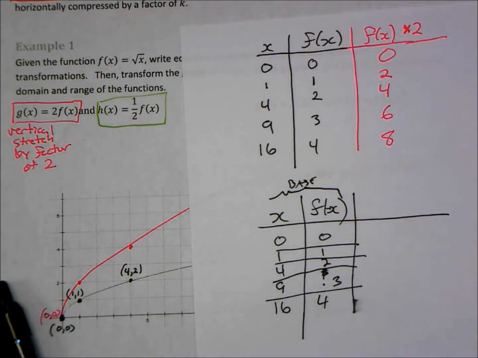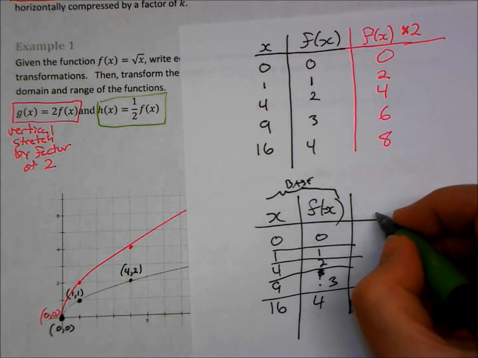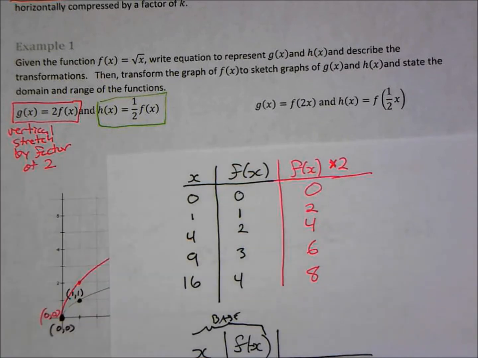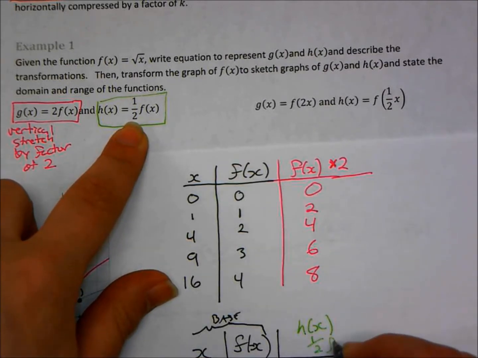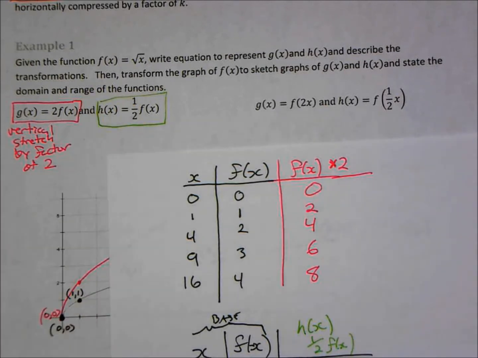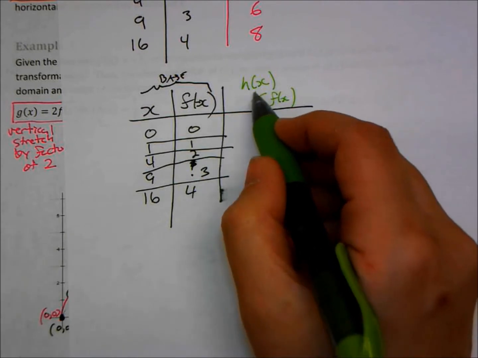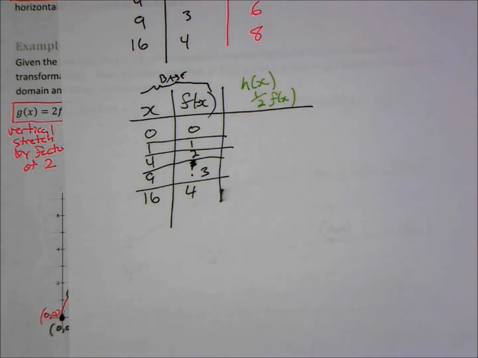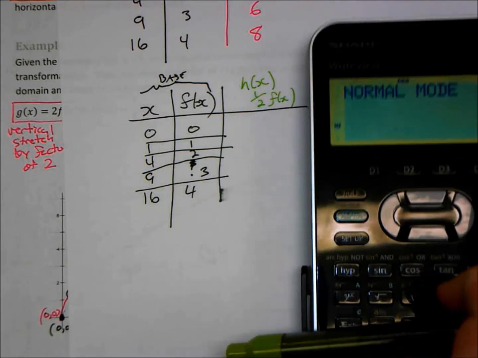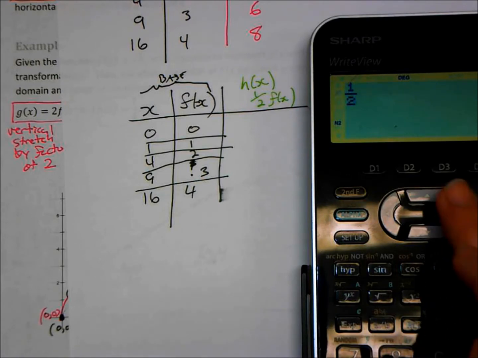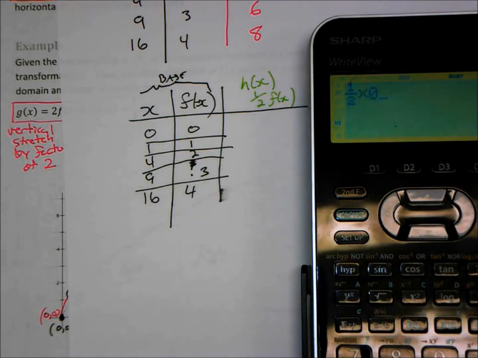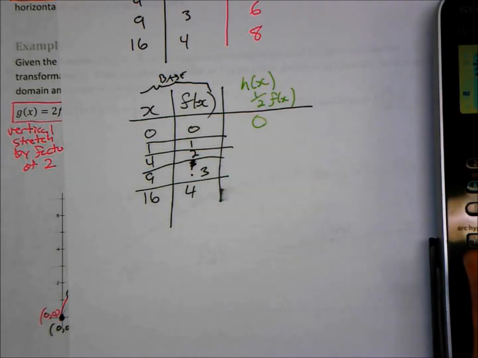There we go. Our new function is now h of x, which is 1/2 of f of x. So that means any y coordinate, we're going to divide by 2, or multiply by 0.5. Either way you want to think about it. So we're going to do 1 over 2 multiplied by 0, still 0. 1 over 2 multiplied by 1 is 1/2.